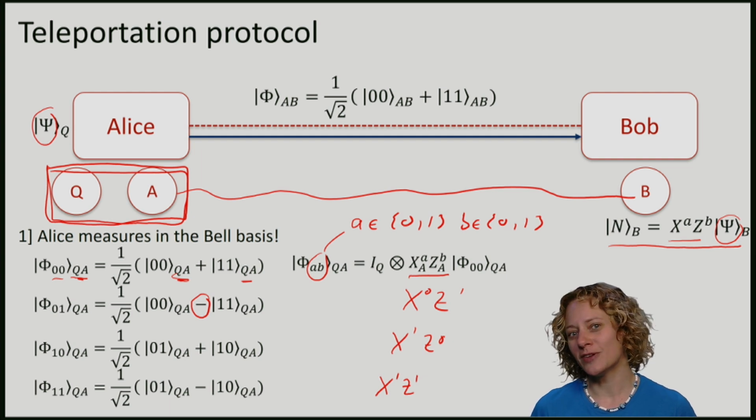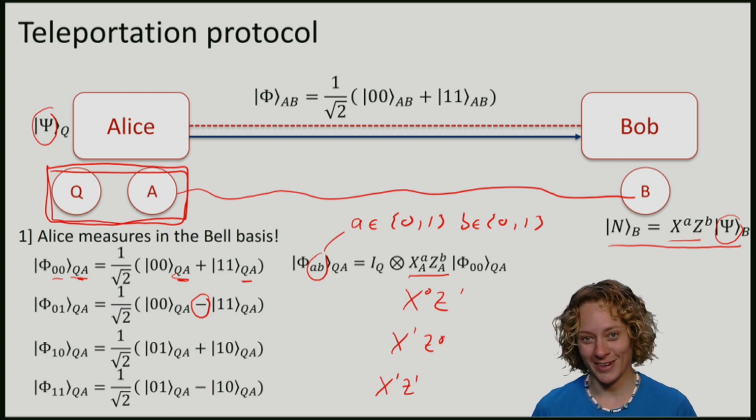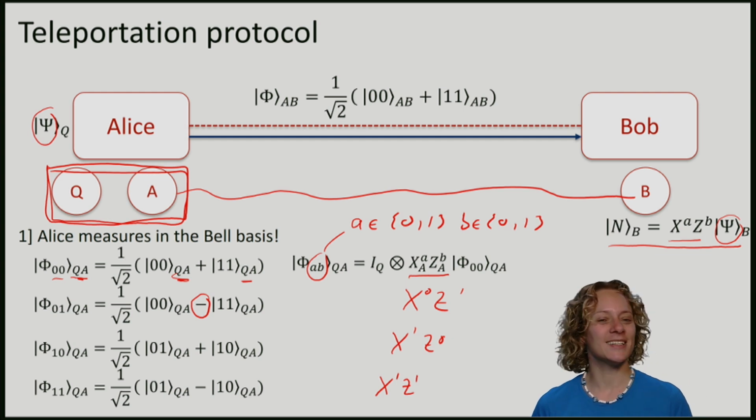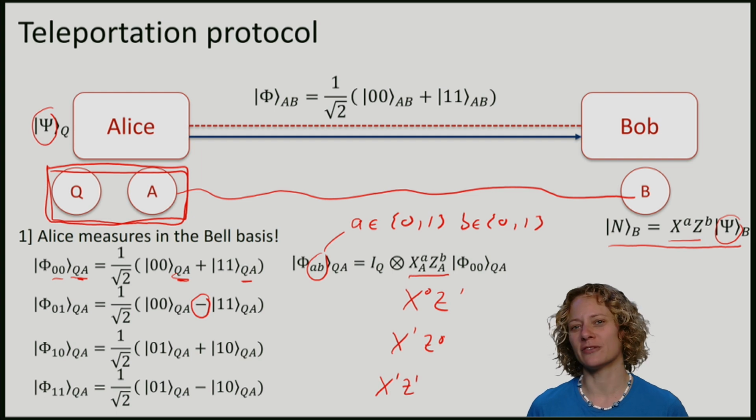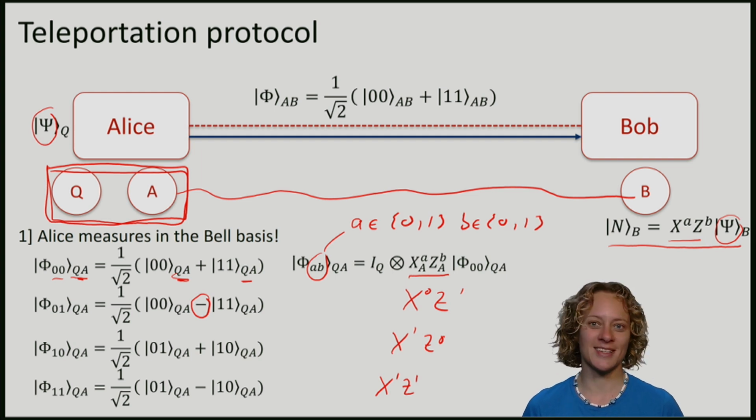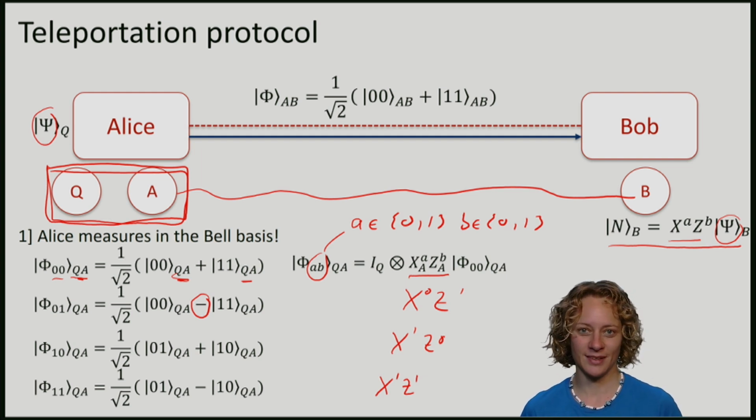In fact, you should convince yourself, having become experts in the quantum one-time pad, that indeed Bob cannot gain any information about Psi whatsoever at this stage. So teleportation certainly does not allow instantaneous communication.